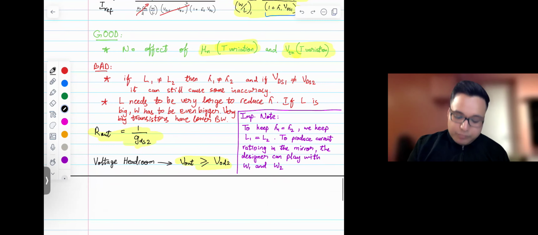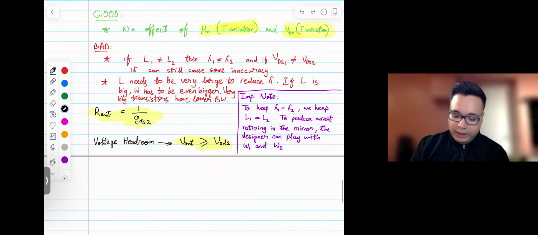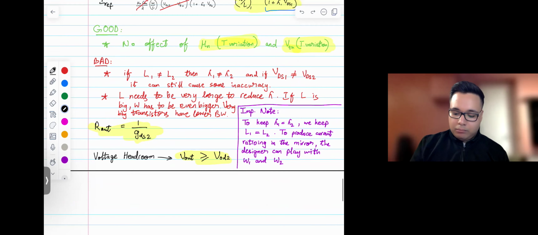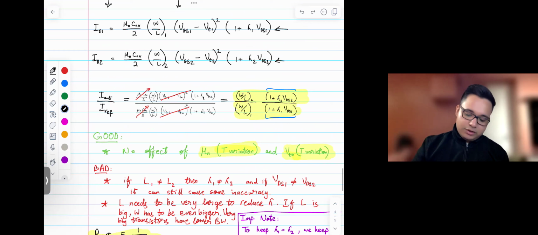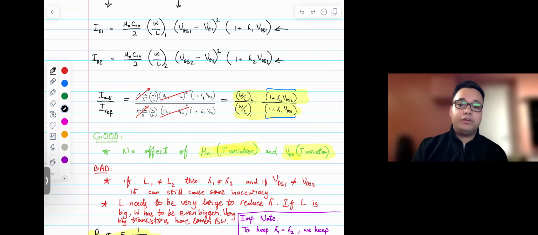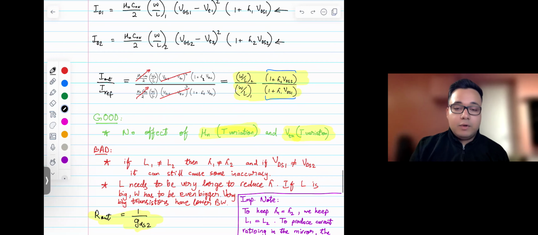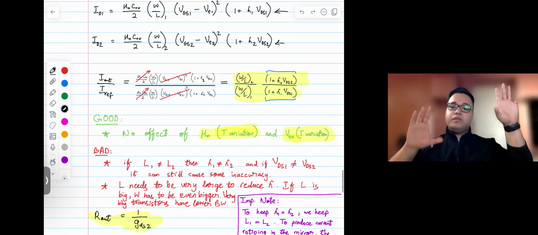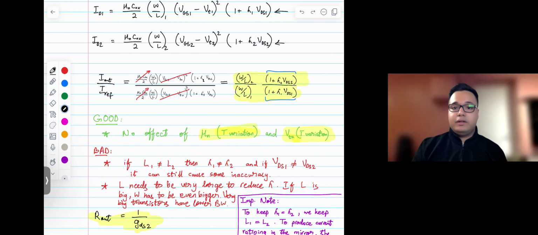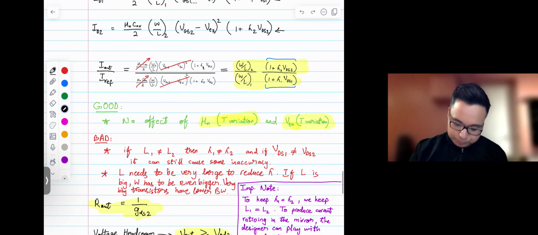So that's one thing. Basically, with this two transistor current mirror, VDS1 is not equal to VDS2, which can introduce errors in the current mirror. Second thing is that you want to make lambda small, which means beefing up both of the transistors, increasing their size, but then bandwidth suffers. So that's also another disadvantage.